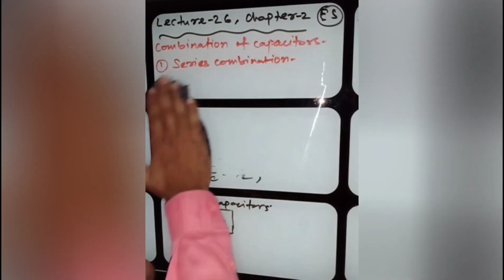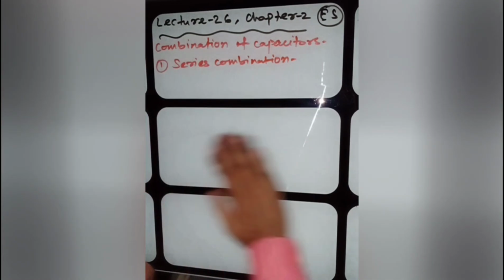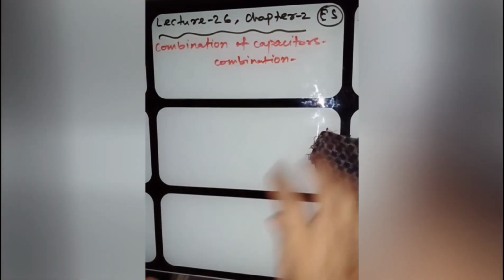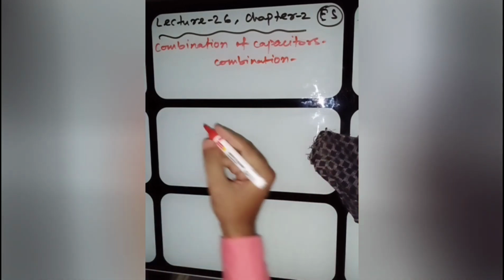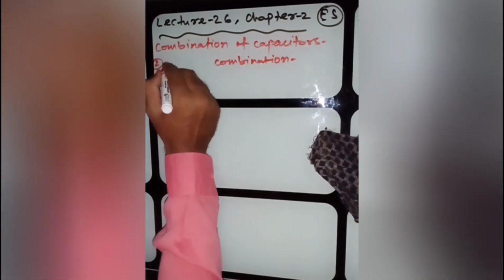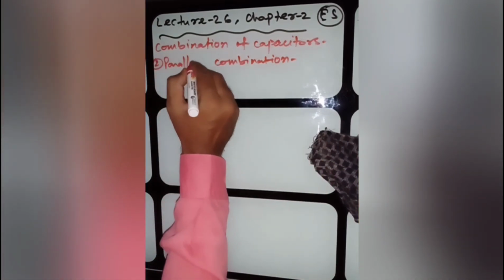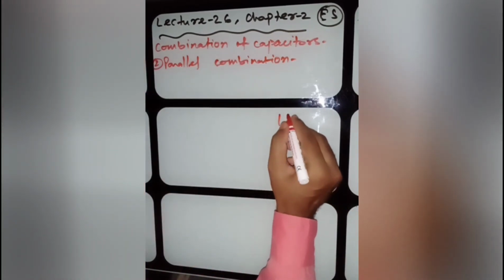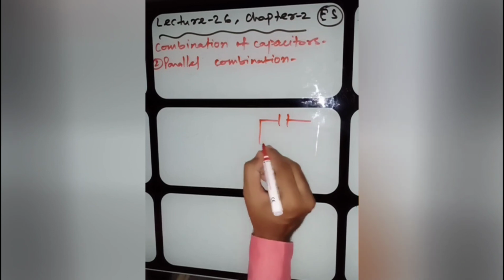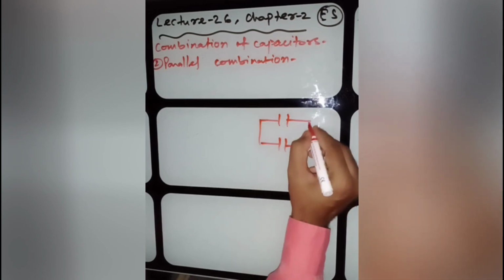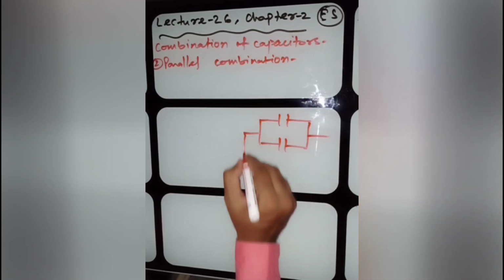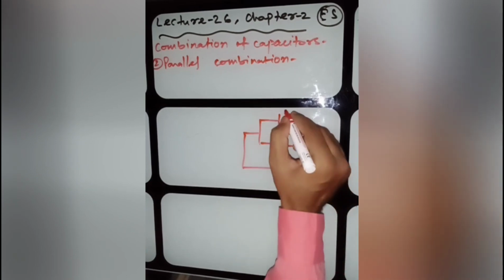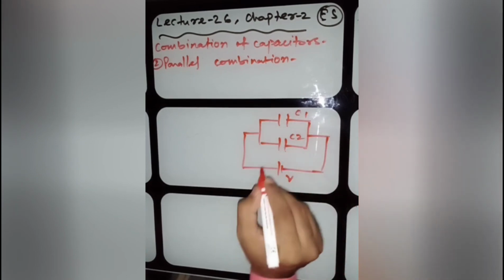Now students, we will talk about the parallel combination. Here we have two capacitors connected in parallel with a battery of voltage V, with capacitance suppose C1, C2.